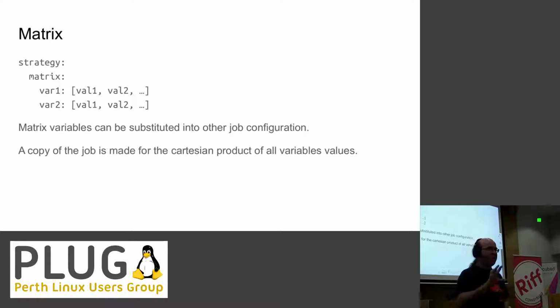In my matrix, I could have operating system as one of the keys and say I want to test Ubuntu latest, Windows latest, and macOS latest, and then say runs on matrix.operating system, and then I'd get 3 jobs for each of those operating systems.